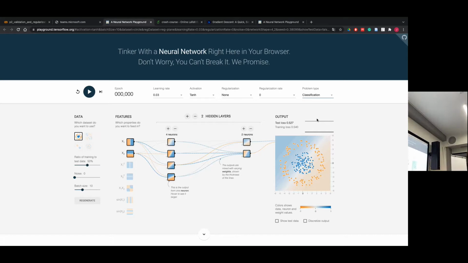This is possible when you have two features, but of course impossible when you have an image as input, because you have thousands or millions of features, so you cannot represent all the possible combinations. But here we have two features, so it's easy to represent all the possibilities for the input data.